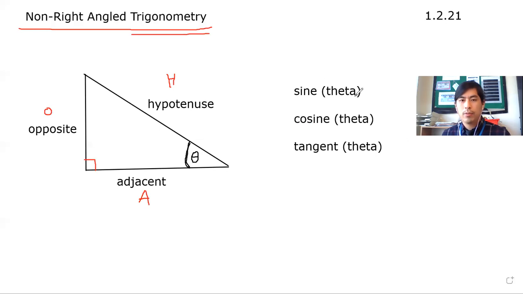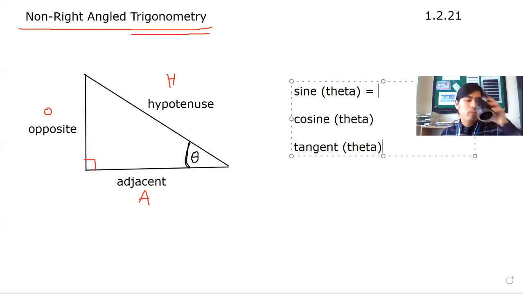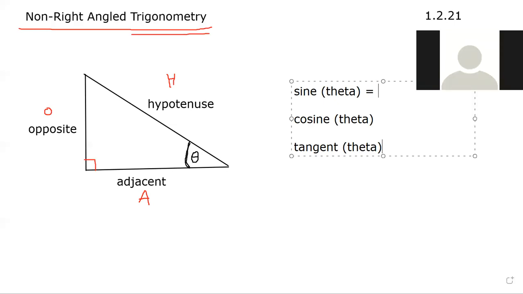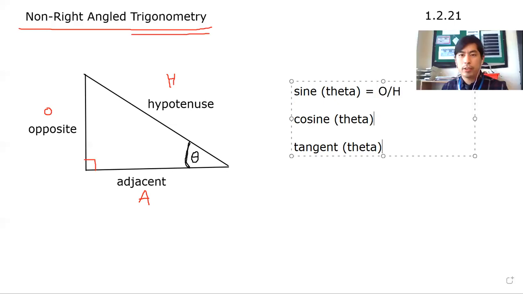All right. So the ratio for sine theta, written as sin theta on the calculator, was what? Which side divided by which side? Who remembers? Opposite by hypotenuse. Very good, Shimon.